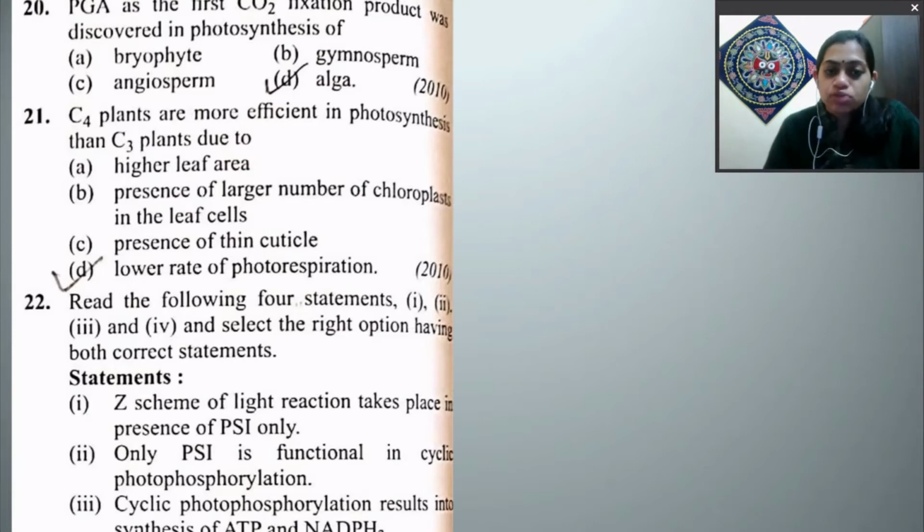Read the following 4 statements 1, 2, 3, 4 and select the right option having both correct statements. Okay. Z scheme of light reaction takes place in the presence of PS1 only. Wrong. Only PS1 is functional in cyclic photophosphorylation. Cyclic photophosphorylation results in synthesis of ATP and NADPH.